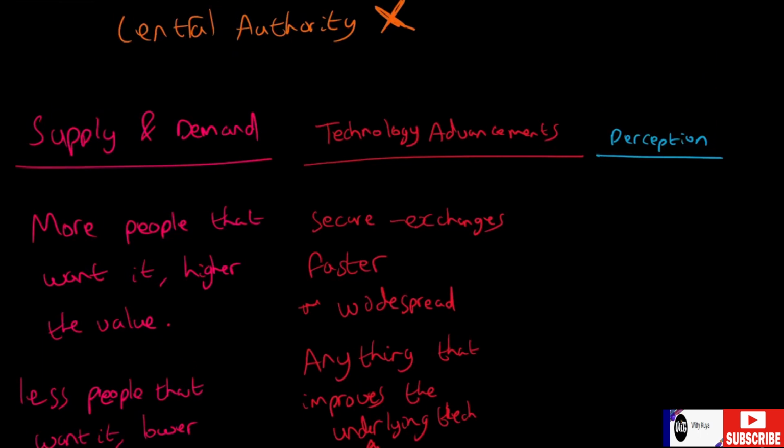Perception is just that, what people think of it. If people like it, value will be higher. If people do not like it, then the value will be lower. It's the same with, let's say, a computer company. If you have two computer companies, and one has high reputation, most of it will just be perception, people will more likely be willing to pay more for their products.